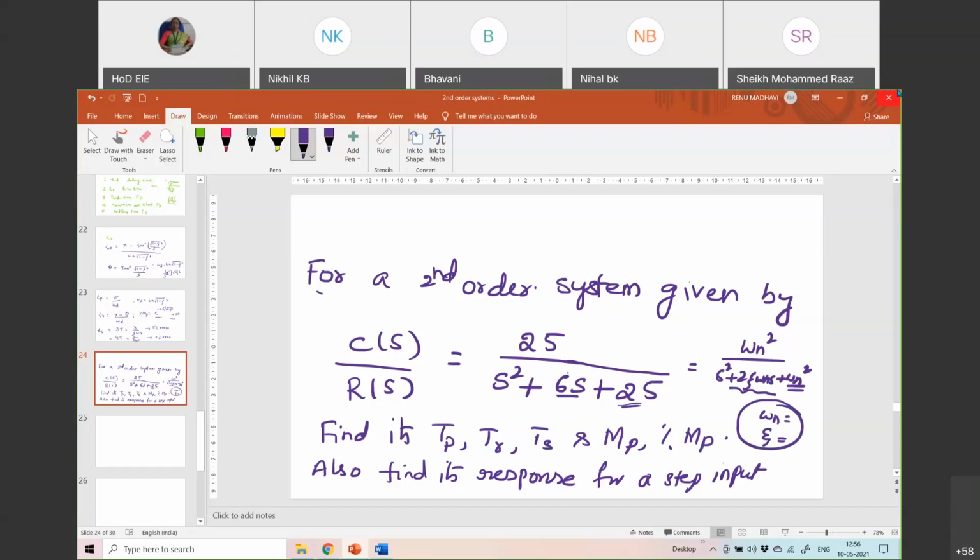Then use the formulas I had given, directly substitute them, use the calculator and find those values. I think there is nothing great in it, please try to do it.